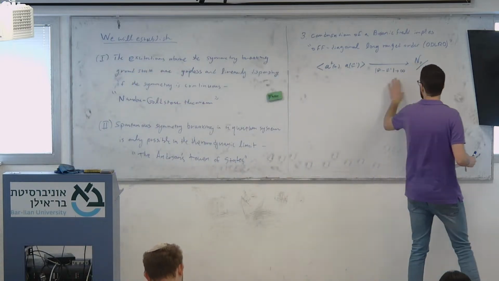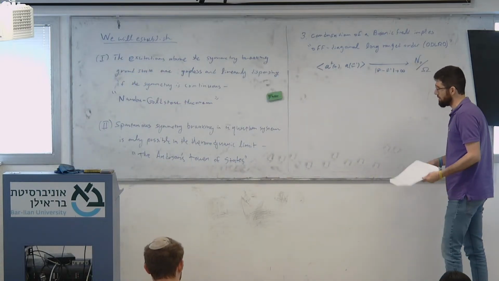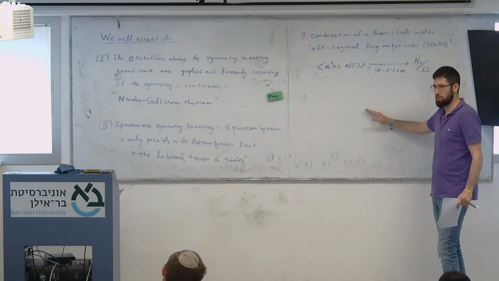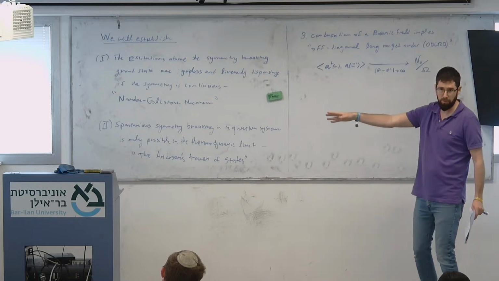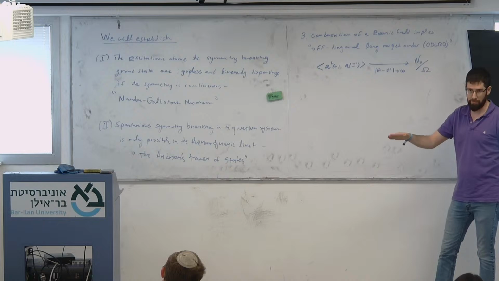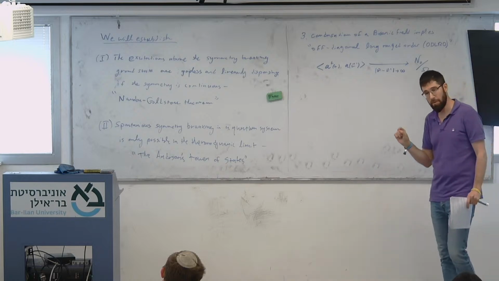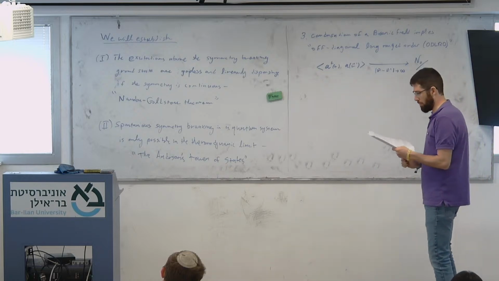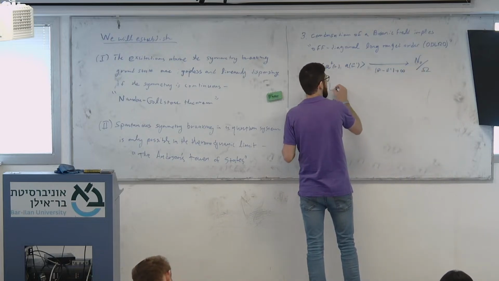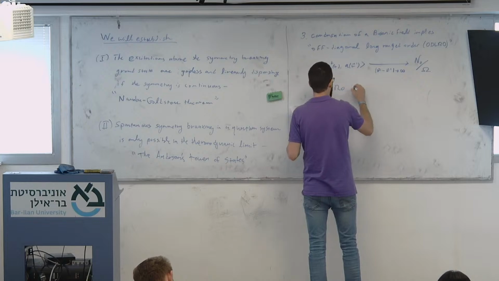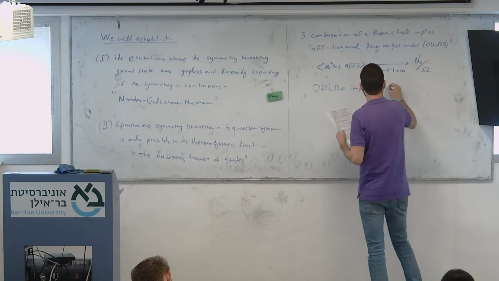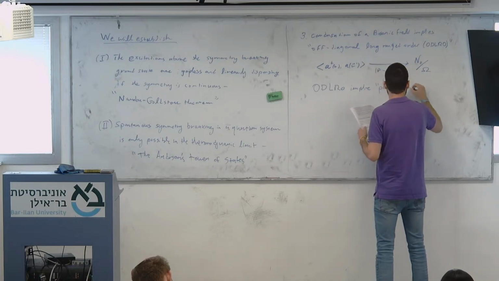Okay, so in the language of what we just discussed, it means that the angle theta at some position and the angle theta at a very different position is going to fluctuate, but it's going to fluctuate around the same value. And this is very important. This implies, so ODLRO implies what we call phase coherence.